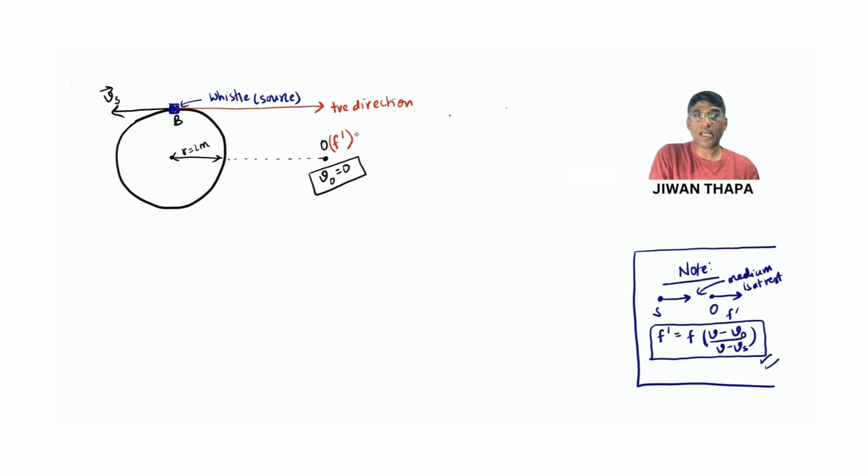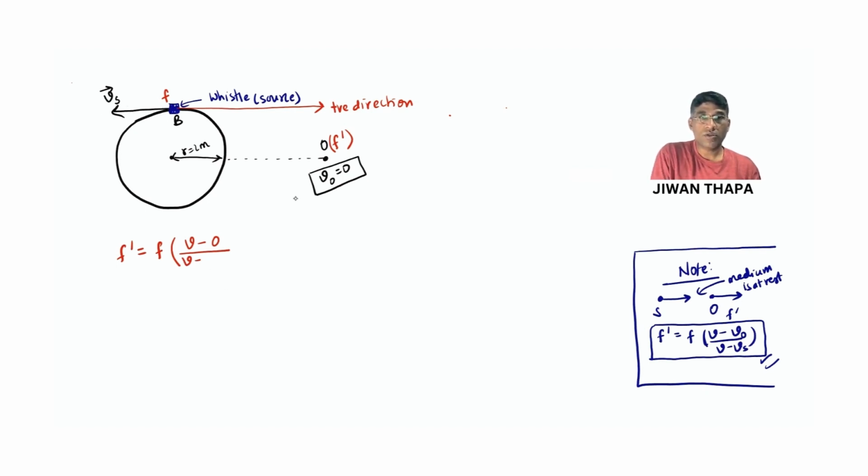Therefore, let's say the apparent frequency heard by the observer is F dash. So we find F dash equals F, the frequency emitted by the source or the whistle, times V minus V naught, and V naught is 0, divided by V minus, and we have source moving away.